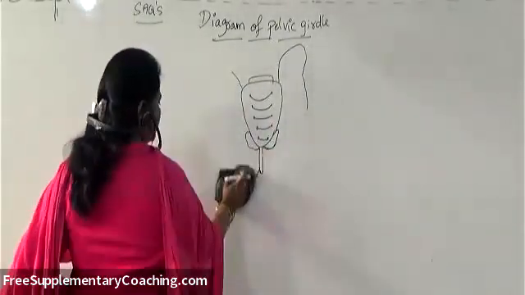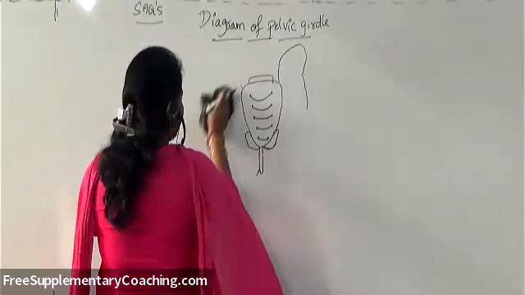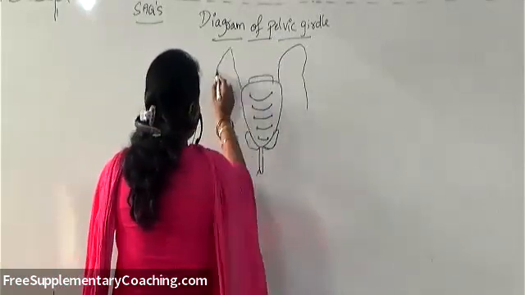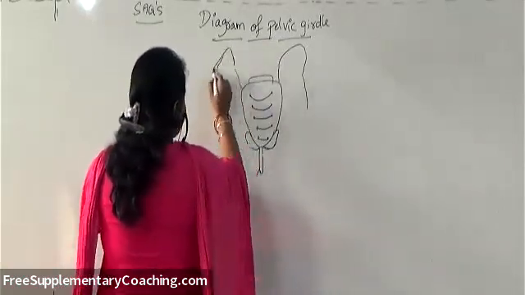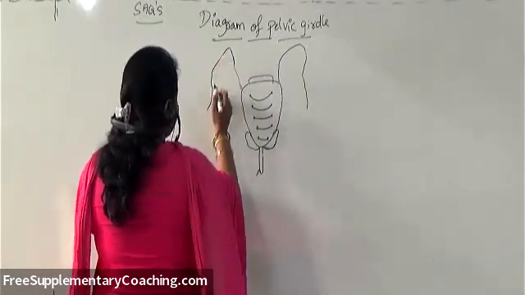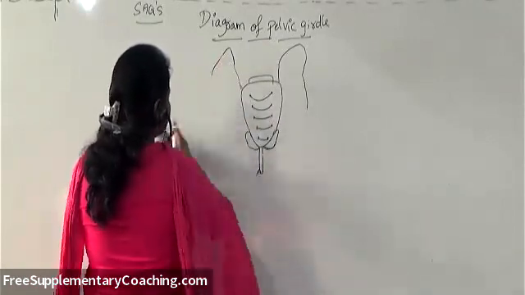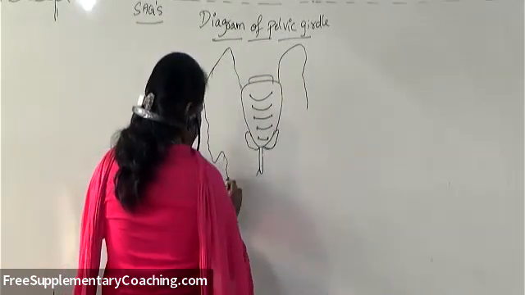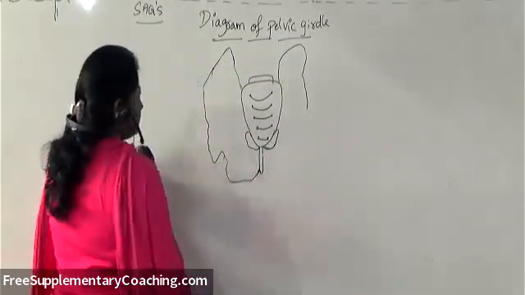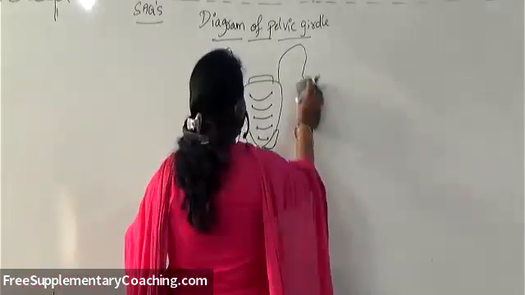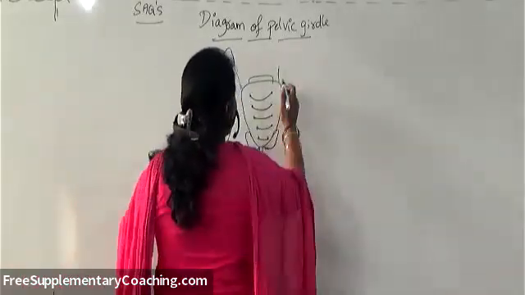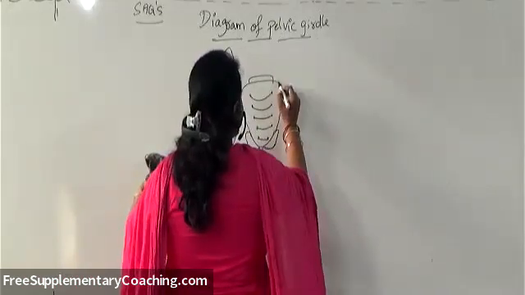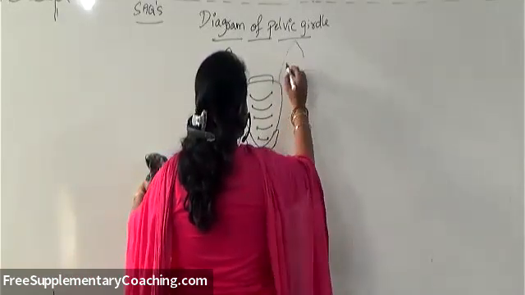It has come a little cross, so I'm erasing and drawing again. So this ileum part, ileum bone, you need to show meeting in order to form the pubic symphysis.